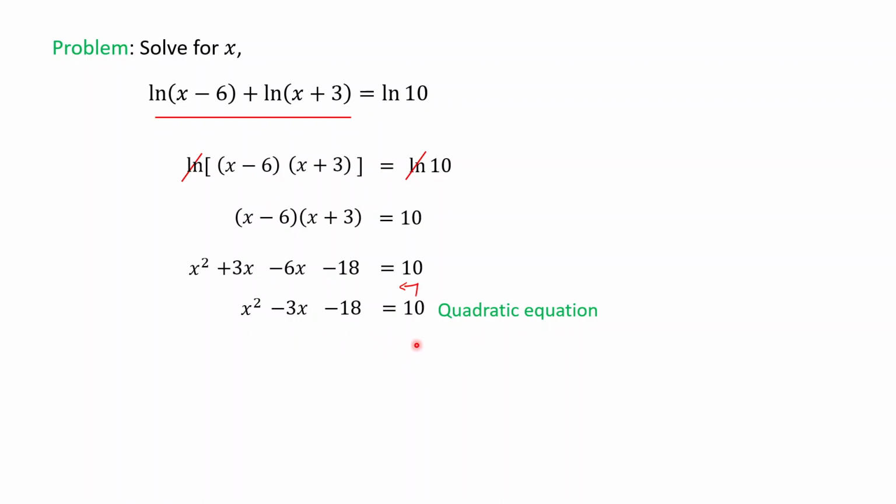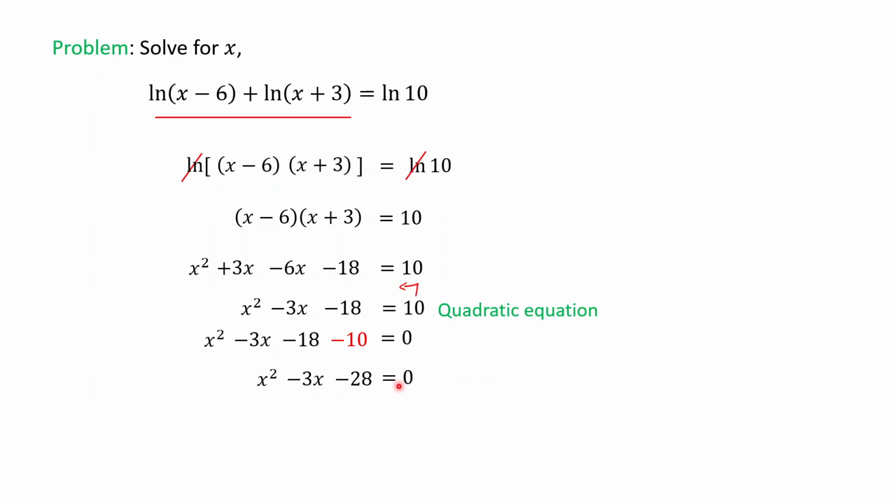You will have 0 on the right hand side. x squared minus 3x minus 18, subtract this, is equal to 0. Now simplify: x squared minus 3x, negative 18, negative 10, negative 28 is equal to 0.